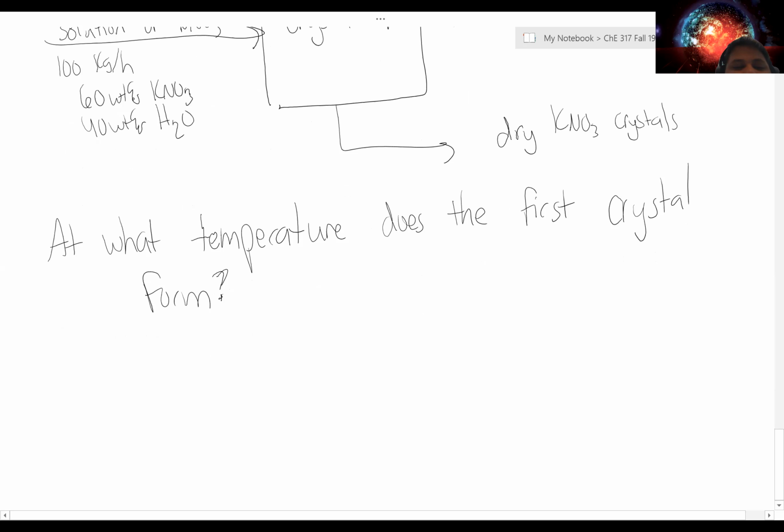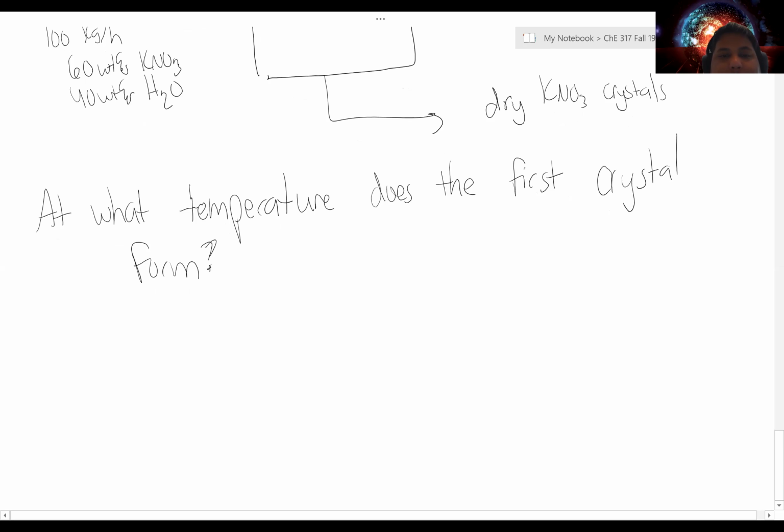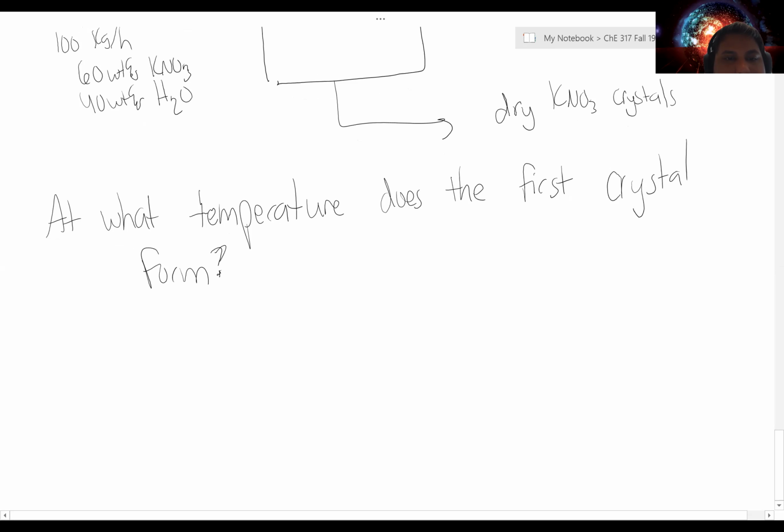Well, in section 6.5 of the text, there should be a figure that shows solubility of some salts, including KNO3, versus temperature. And actually, if you guys would like, I can try to pull it up for you, because I am fortunate to have been provided with a digital copy of the book.